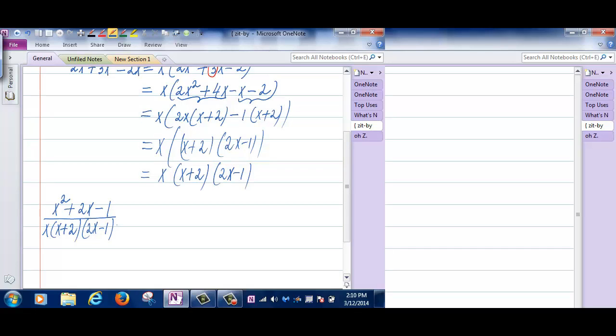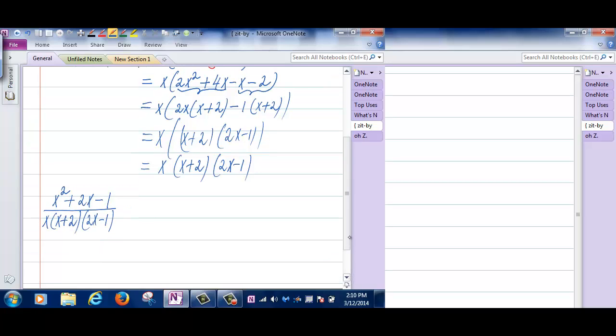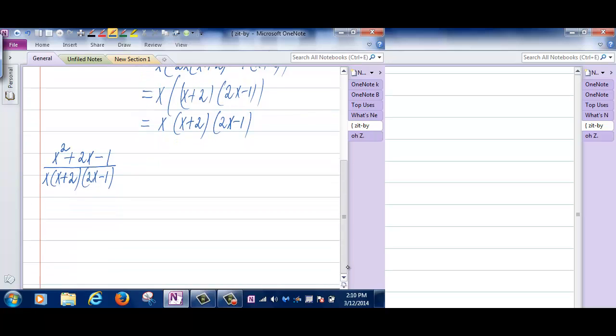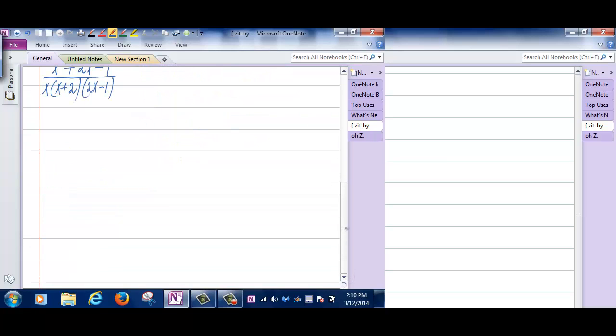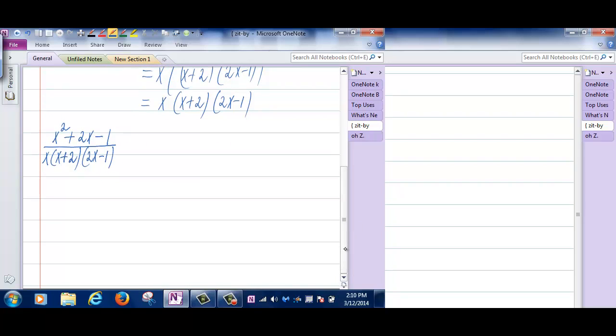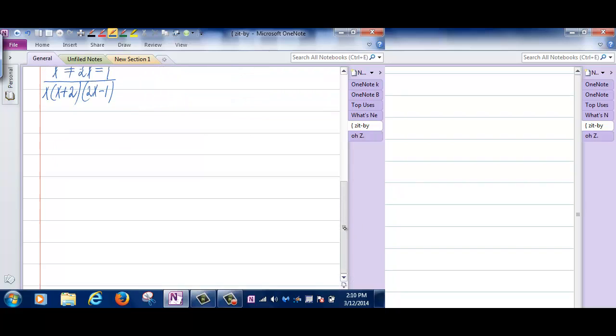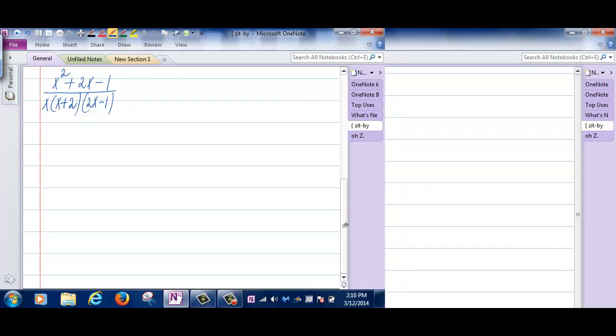Everybody's okay so far? Okay, so far we have rewritten the fraction by rewriting the denominator in terms of its factors.